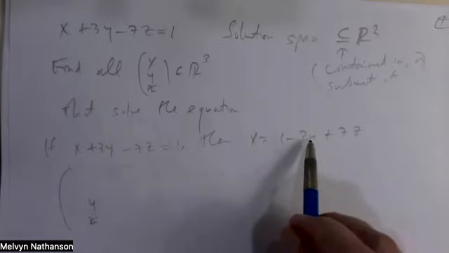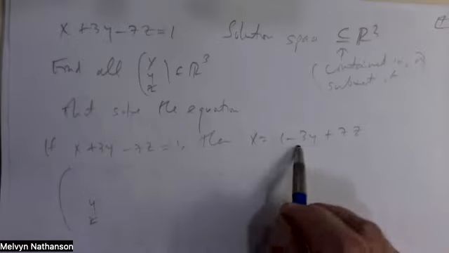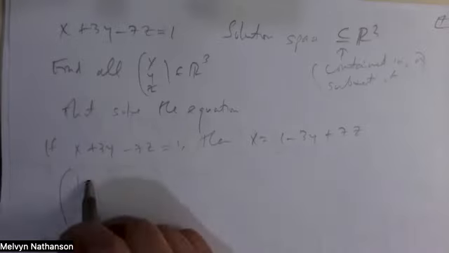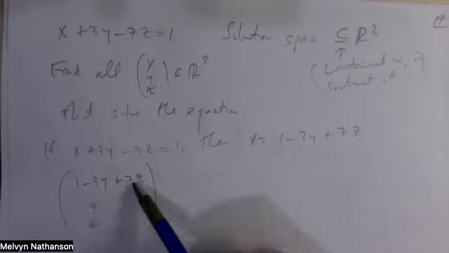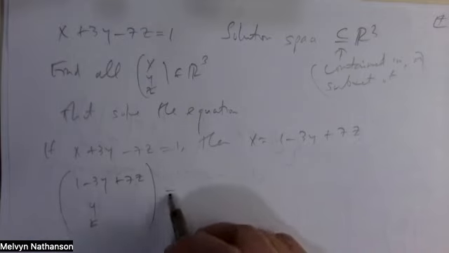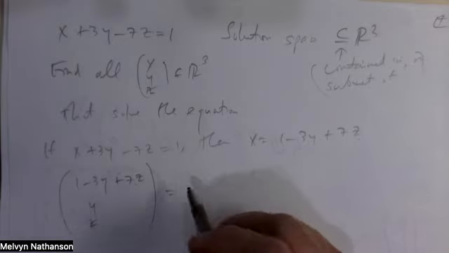But once I pick y and z, x has to be equal to this. So if (x, y, z) is a solution, x has to equal this. And if I want, I can write this as the following.